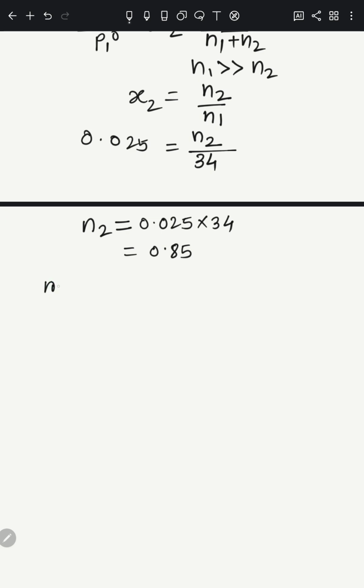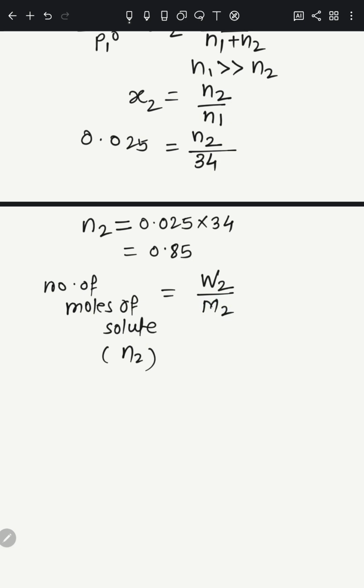Now I have N2 also. What is N2? It is the number of moles of solute. Number of moles of solute is indicated by N2. What is the formula? It is W2 upon M2. Now what is W2? That is the mass of solute. So W2 is equal to N2 multiplied by M2.